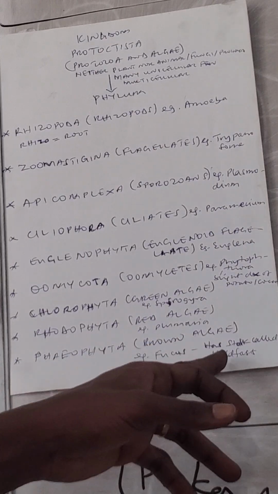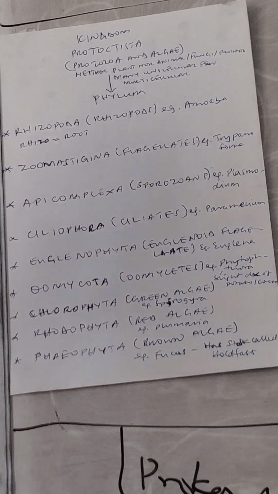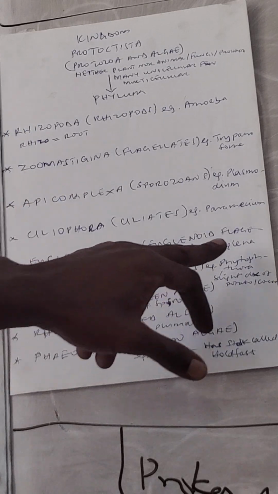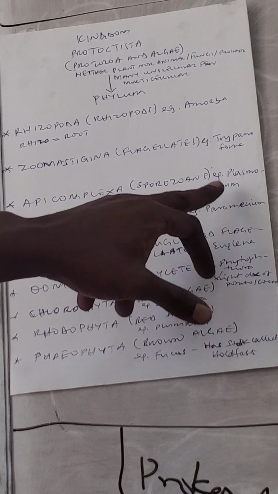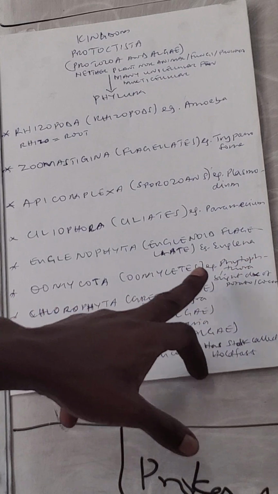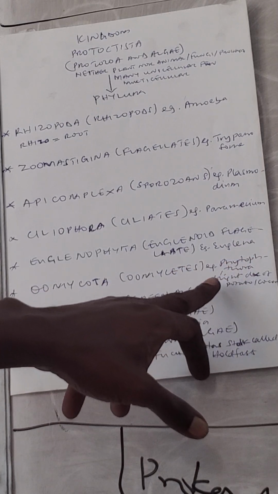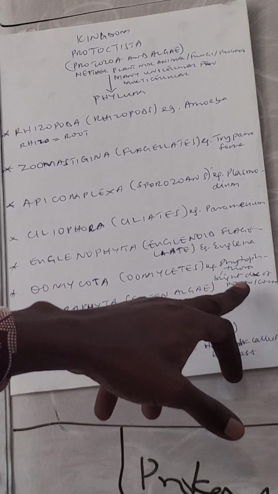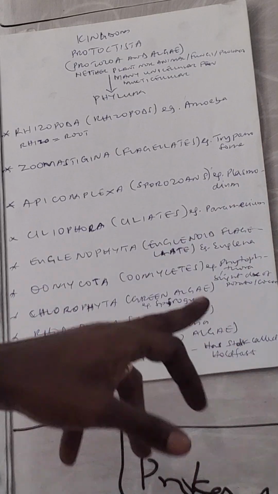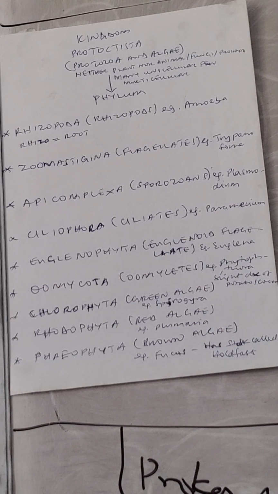This has a stalk called the holdfast, okay? So this is just the diagram. You can look at the diagram, keep them all, okay? Special attention: Euglena, Paramecium, Plasmodium, okay, Phytophthora, because it's the blight disease of what? Potato, as is said here. Okay, you can look at it.